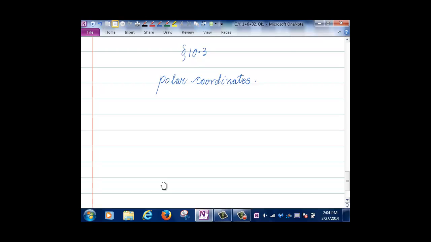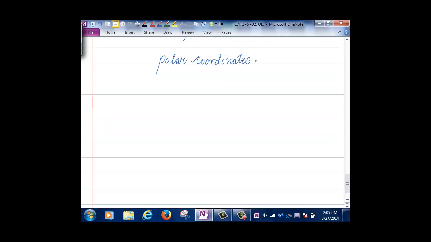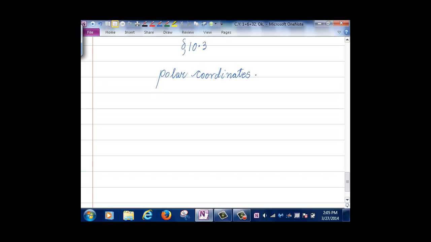In Calc 3, one of the topics is that here we are integrating over an interval, but there you will be integrating over a region in the plane and over a space in 3-space. So you have this idea of double and triple integration. And when you do that, you can use polar coordinates to evaluate some of those integrals. So you'll be expected to know this there. Now the question is, what are these polar coordinates?